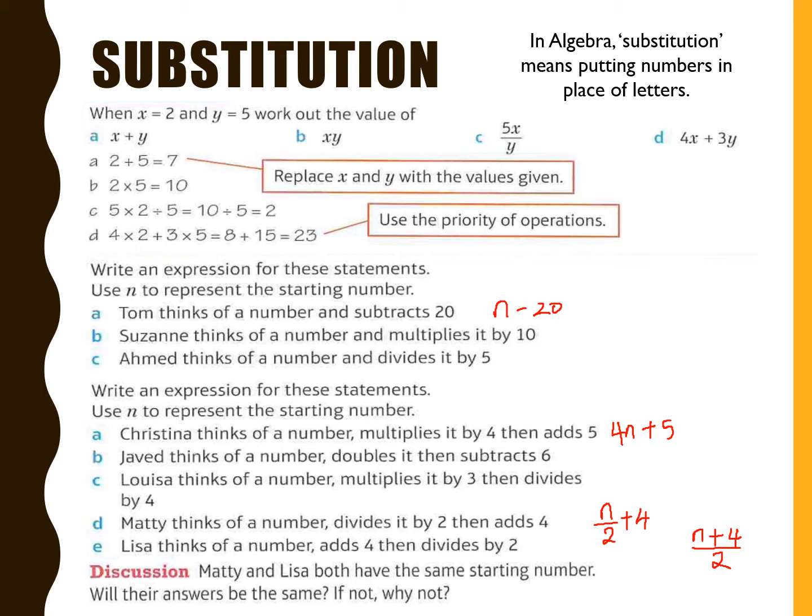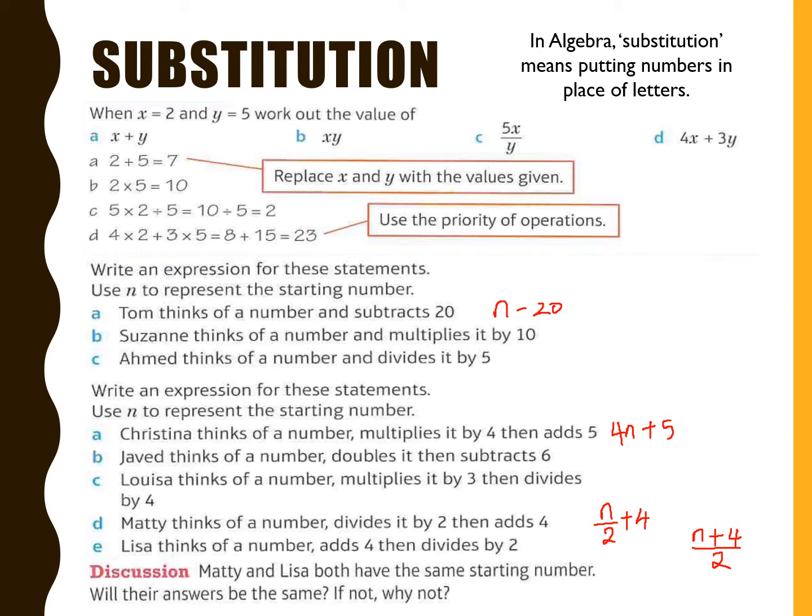So if I imagine that Matti's number is 2, it'll be 2 over 2, which is 1, plus 4, that gives me 5. For Lisa, 2 plus 4, that's 6, divided by 2 is 3. So this is 5 and this is 3. Of course not. So will their answer be the same? No. Why not? Well, if we assume n equals 2, this is how you would answer this question.